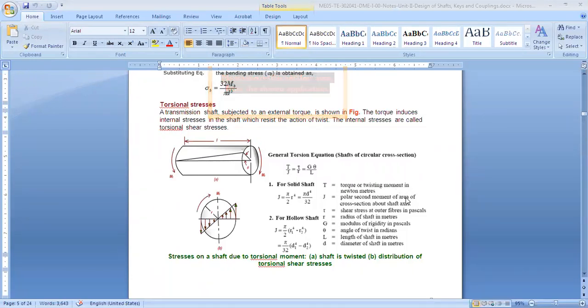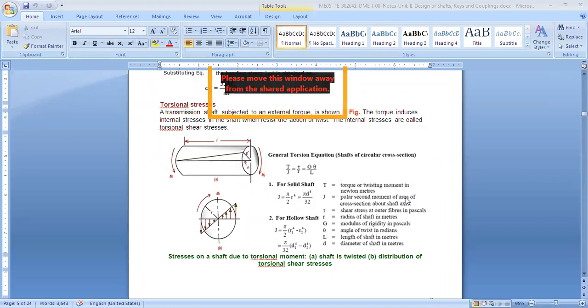J is the polar moment of inertia. The regular moment of inertia I is pi by 64 d raised to 4, and J is 2 of I, pi by 32 d raised to 4. Tau is the shear stress, R is the radius of the shaft, G is the modulus of rigidity, L is the length of the shaft, and theta is the angle of twist.